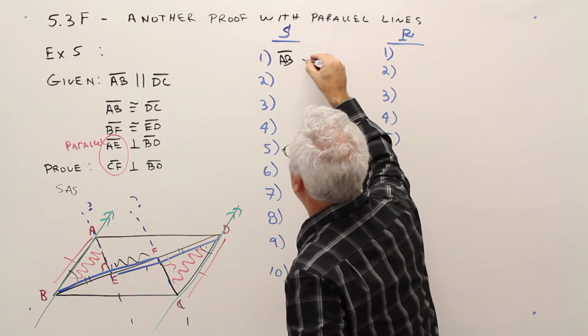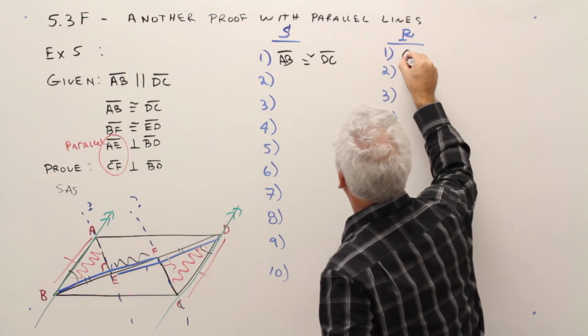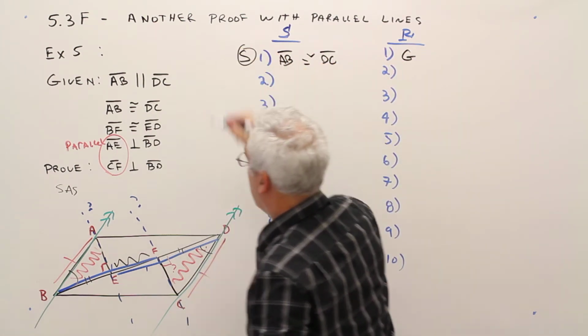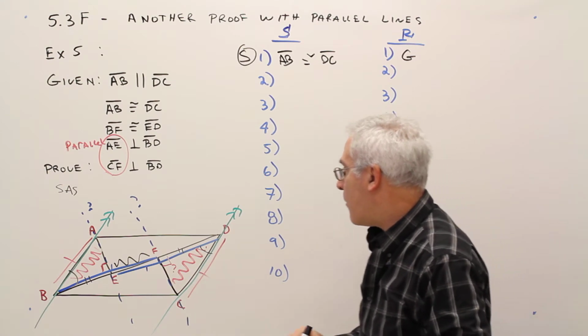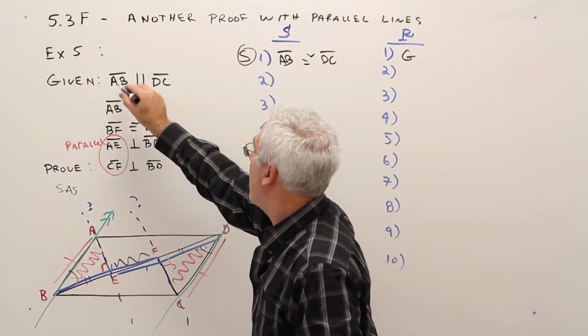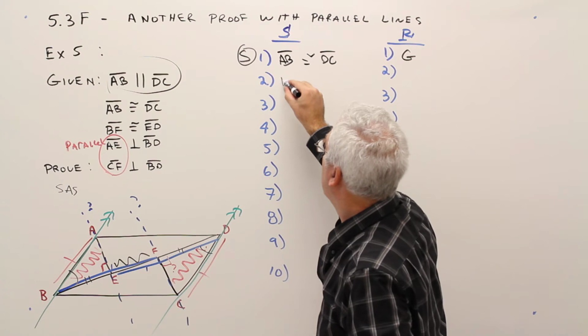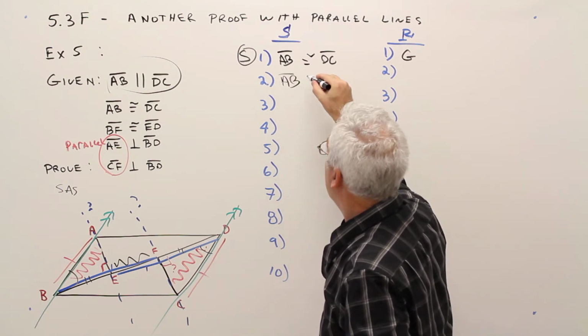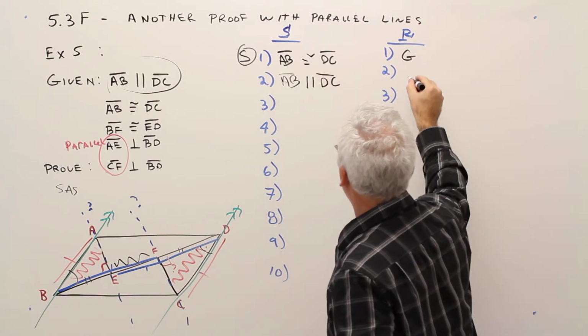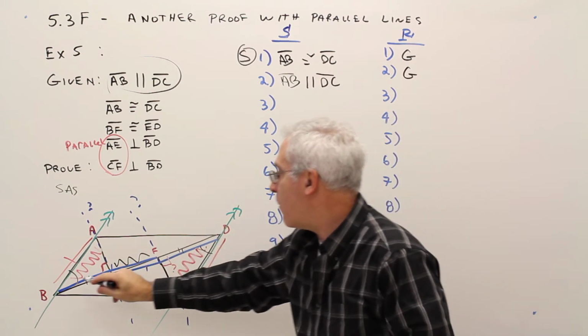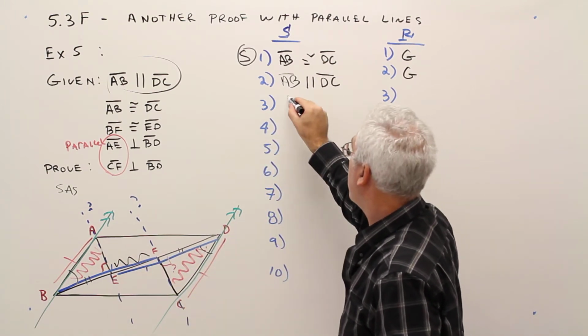AB is congruent to DC, given. That was my side. Now I'm going to go with my angle. So my angle came from that parallel. AB is parallel to DC, that was given, and from that I got that angle. I'll use three letters.